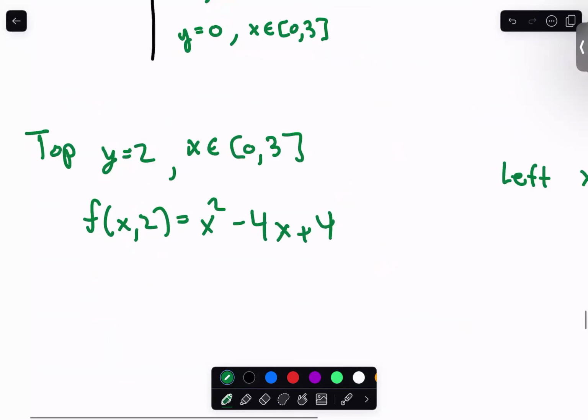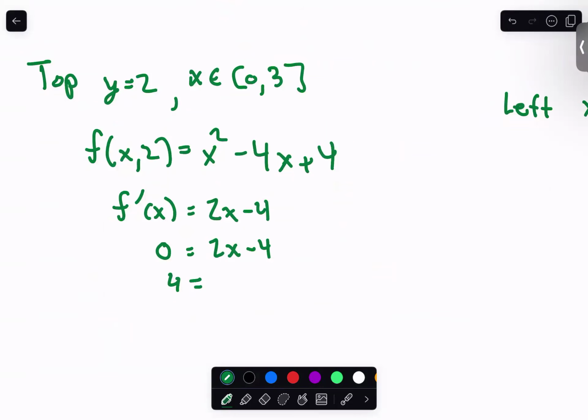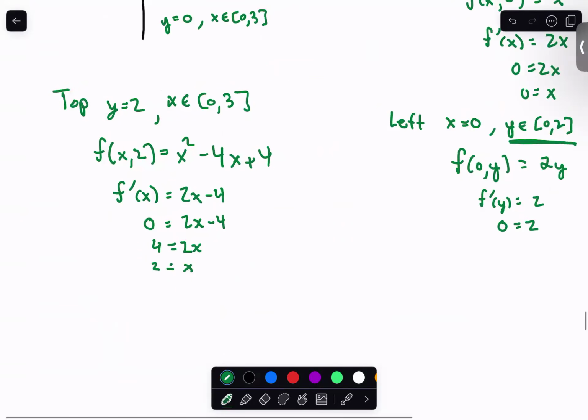So let's go ahead and try to find critical points. 2x minus 4 is going to be equal to 0 exactly when x is equal to 2. Since I'm on the curve y equals 2, that means that my point (2, 2) needs to be added to the list. We also need to think about our endpoints, right?